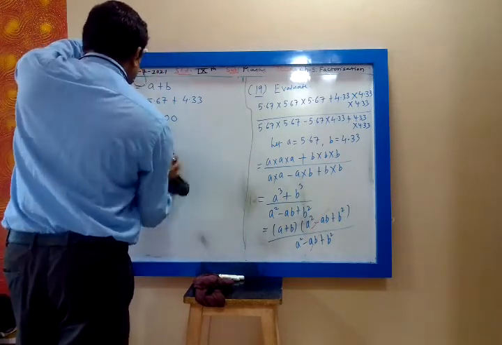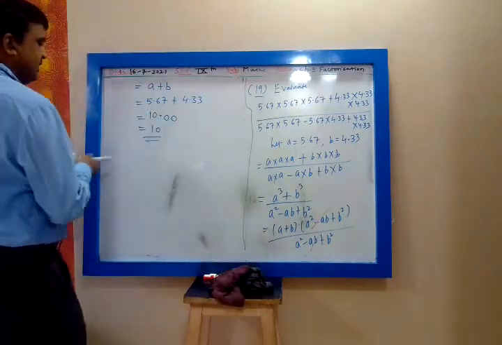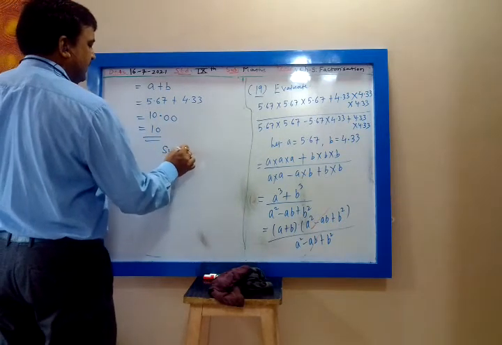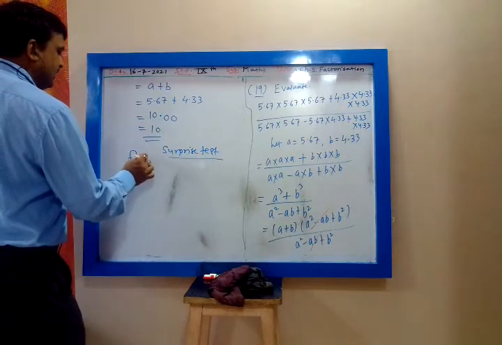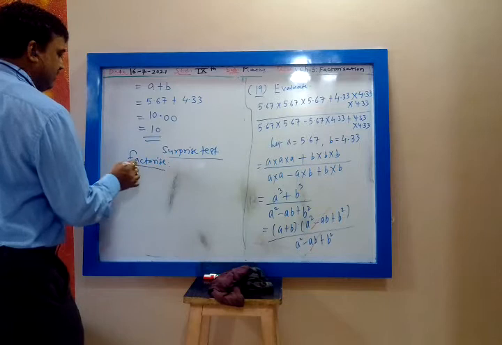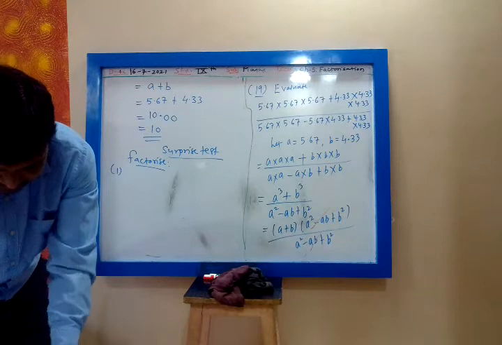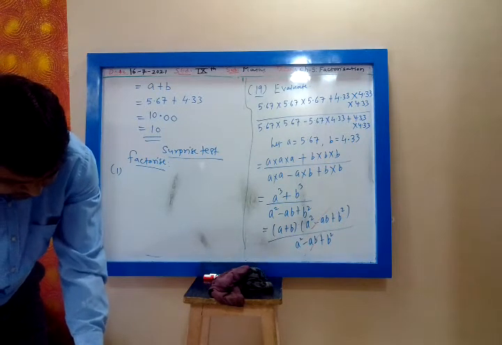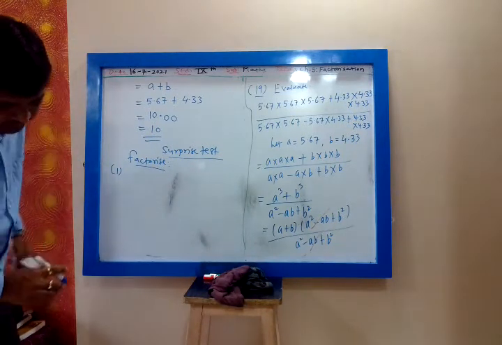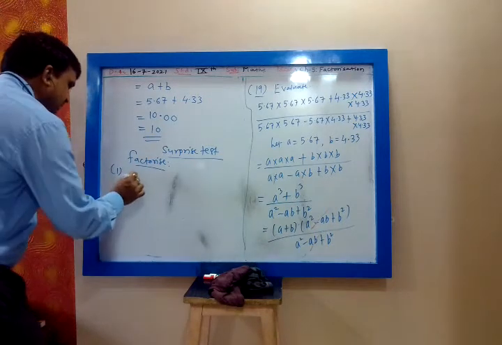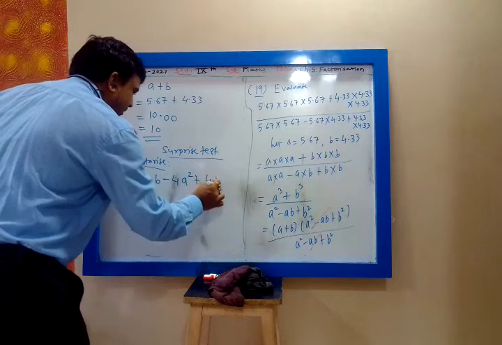Now you solve one factorization problem which I am giving in the surprise test. Write on this surprise test. Five minutes are there, you can factorize. Surprise question, factorize: A minus B minus 4A square plus 4B square.